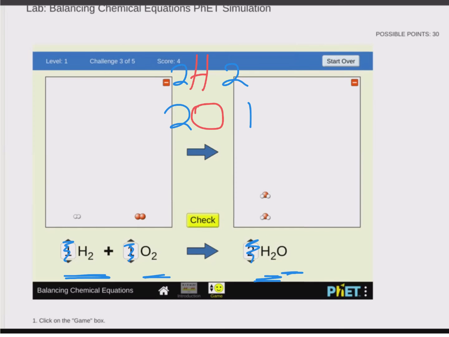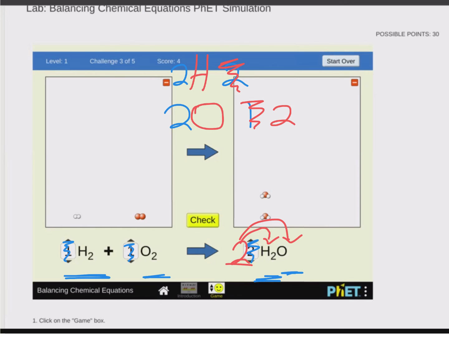So now tell me where to put a coefficient. Let's change. On the right. Very good. And so what coefficient am I going to put there? A 2. Very good. And so that 2 times 1 oxygen changes this to a 2. But it also changes who?